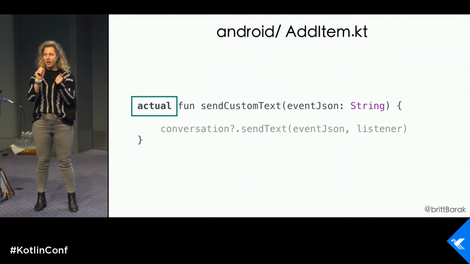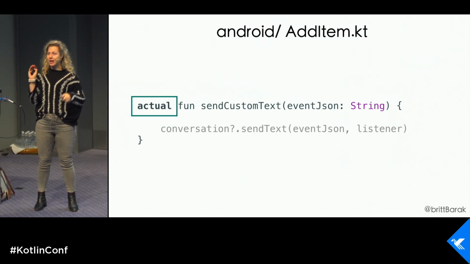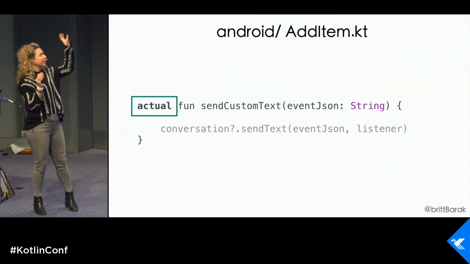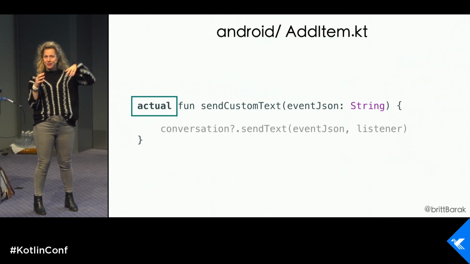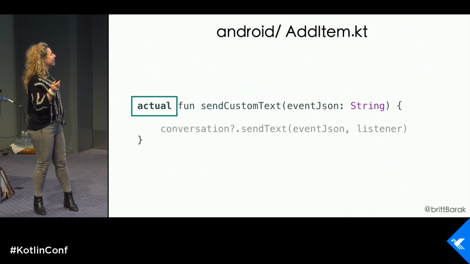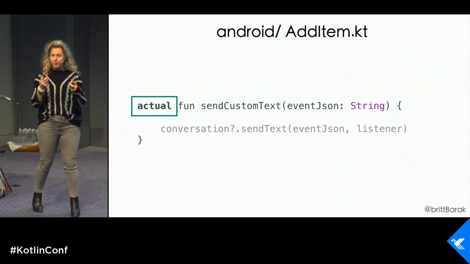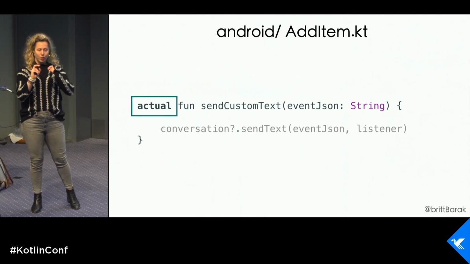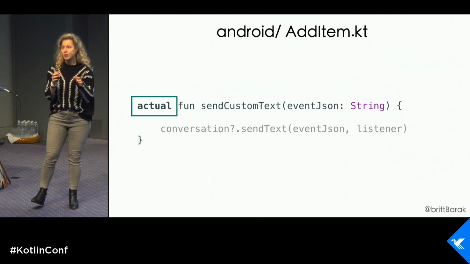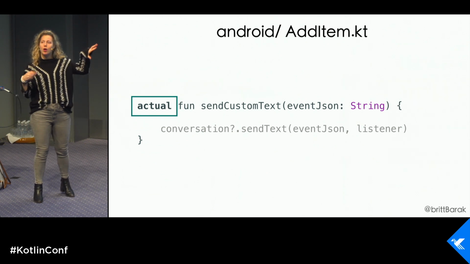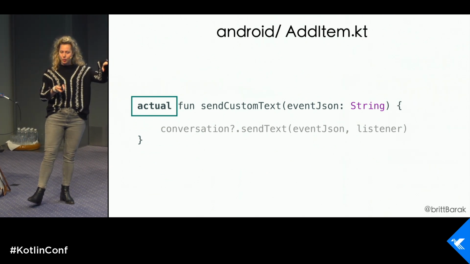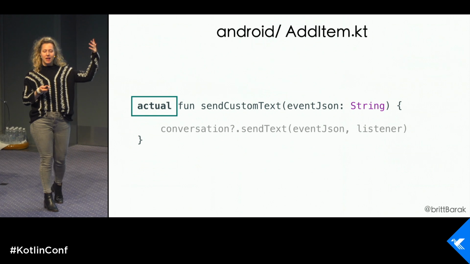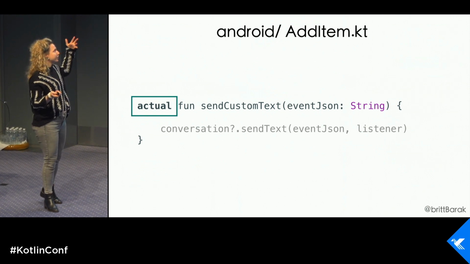We would need to add in the same location. So in the Android, I have add item. This is the same file name. And then I would need to implement the method with the same signature with the word actual. So this is the actual implementation of what the common code expected me to do. So this is how I actually send the custom event.